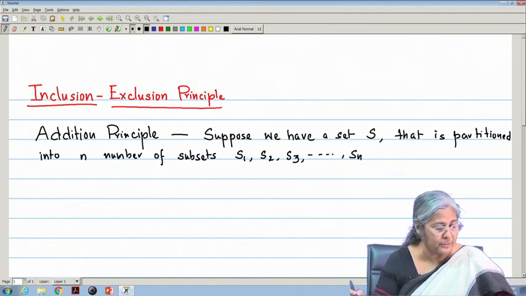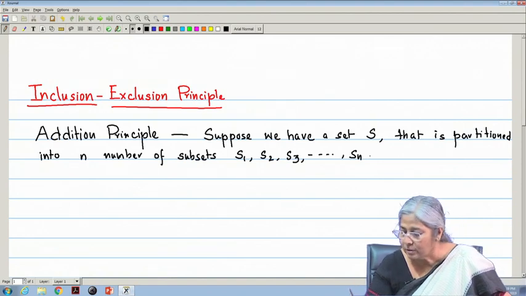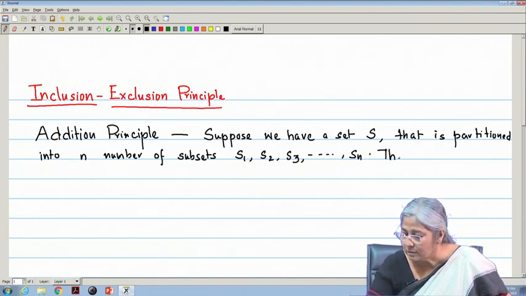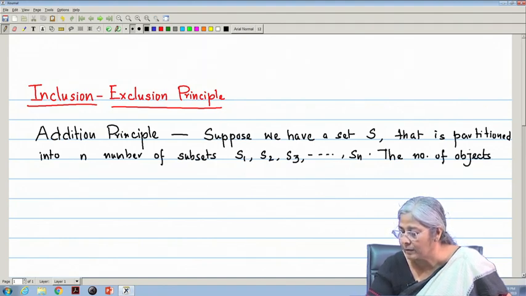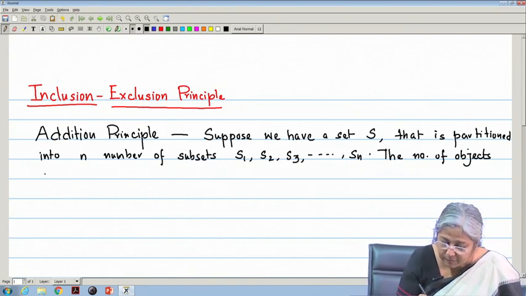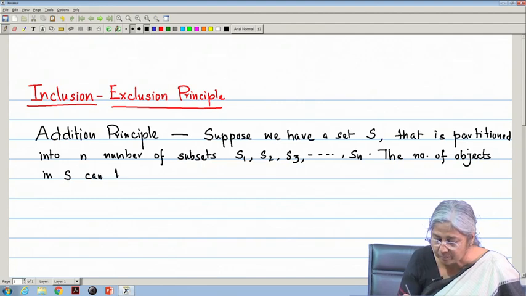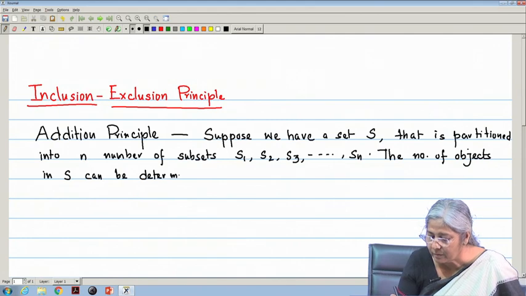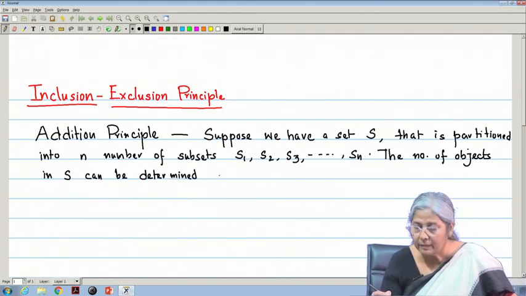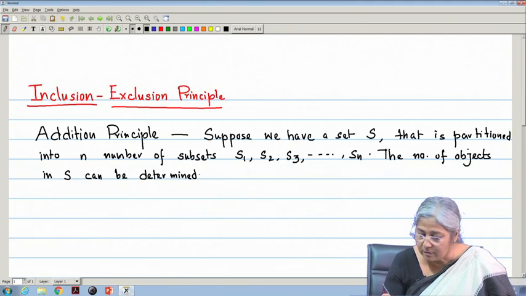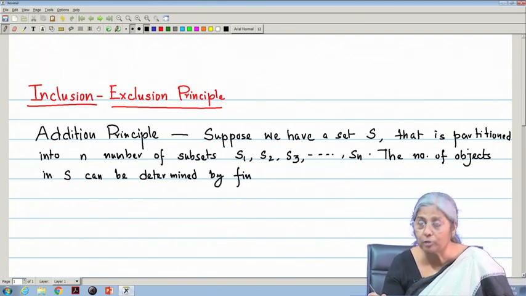These are the n subsets. Now, if I want to count the number of objects in S, that can be determined by simply adding the number of objects in each of the subsets.